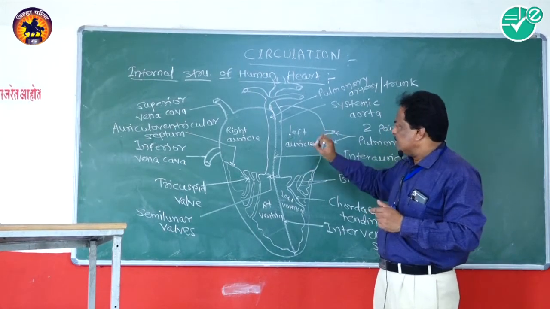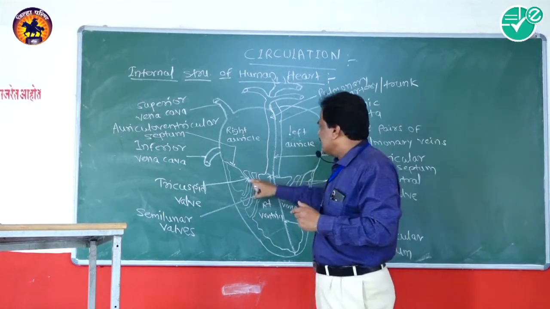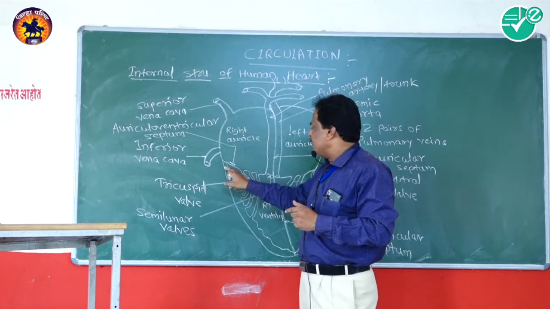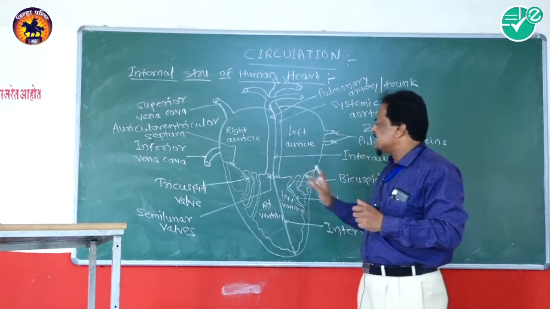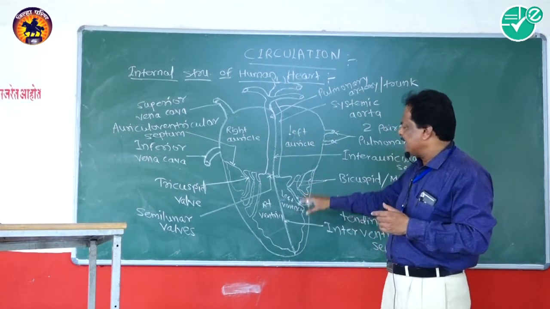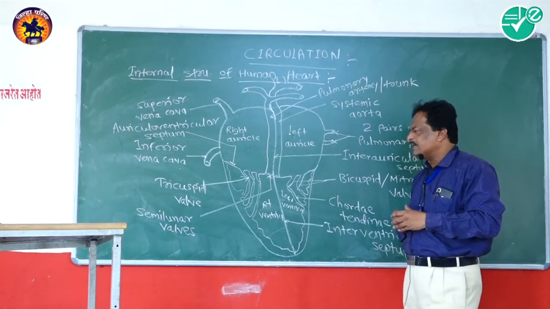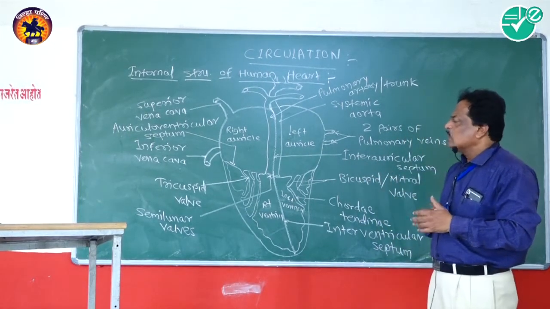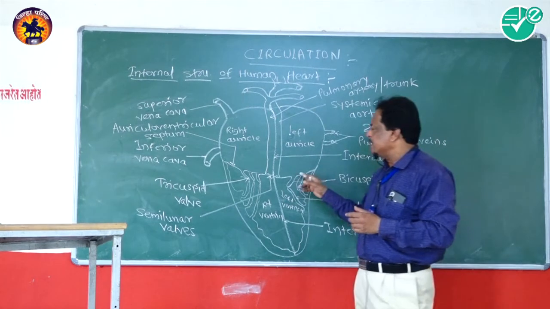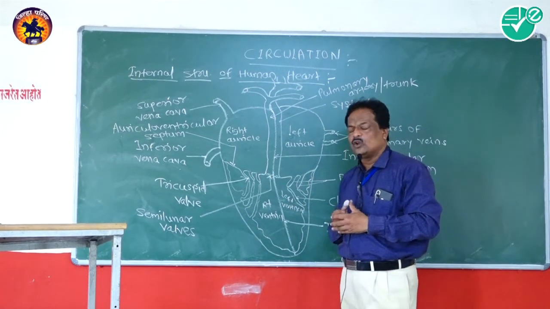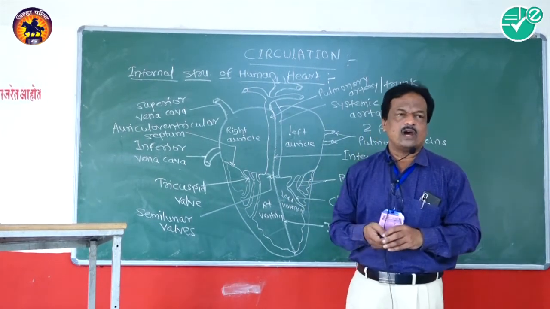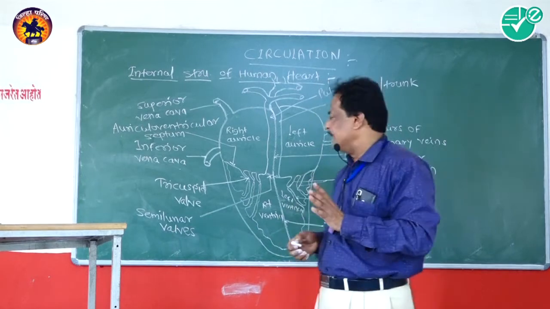The auriculoventricular septum, which is the horizontal septum present between the auricle and ventricle, possesses openings, and these openings are known as auriculoventricular apertures or auriculoventricular openings.